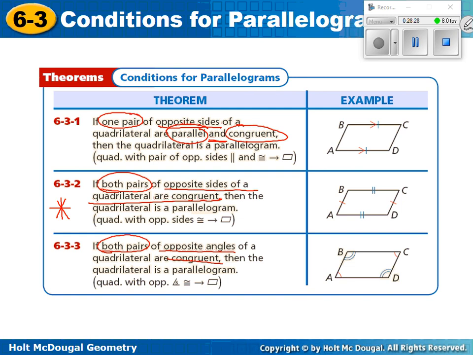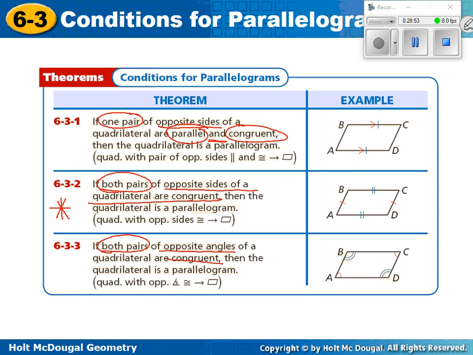So if one pair of opposite sides are both parallel and congruent, that's enough to prove it's a parallelogram.